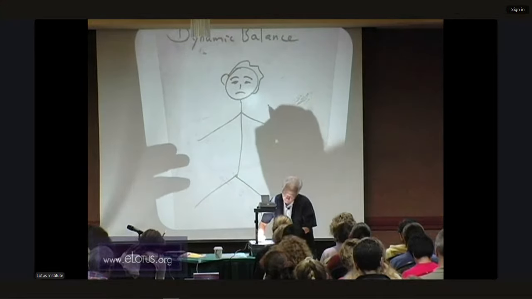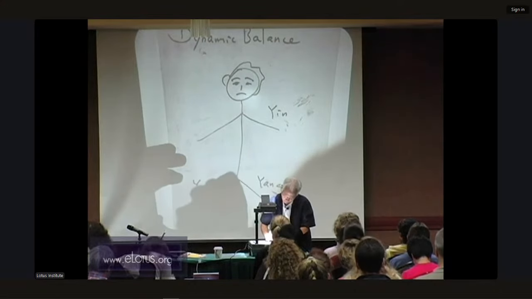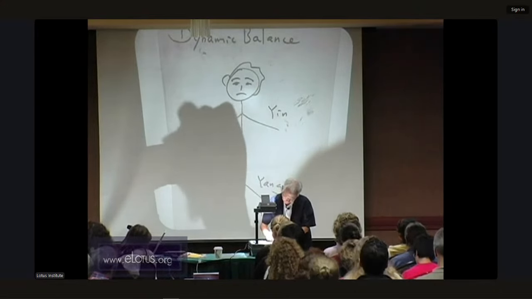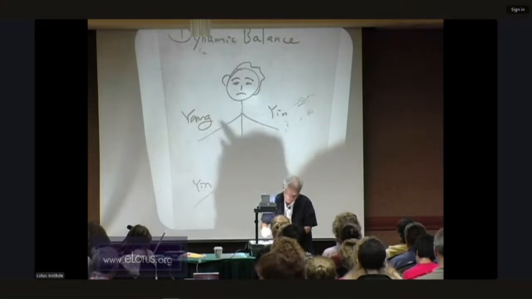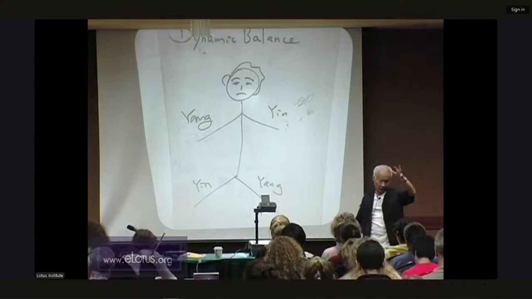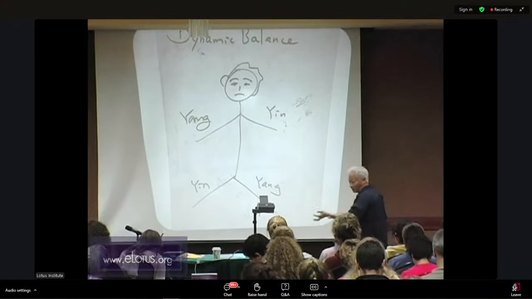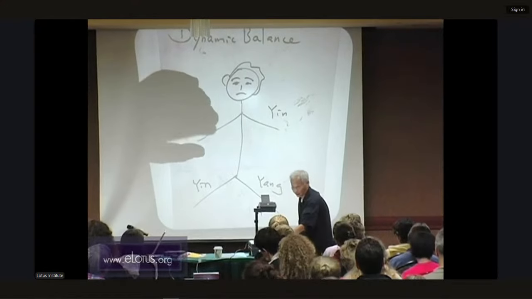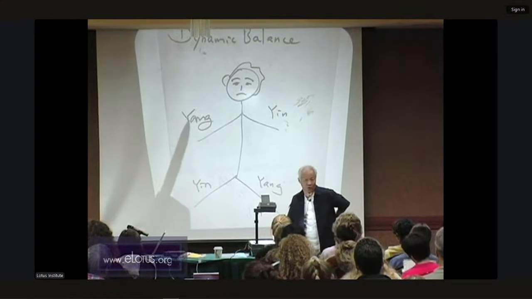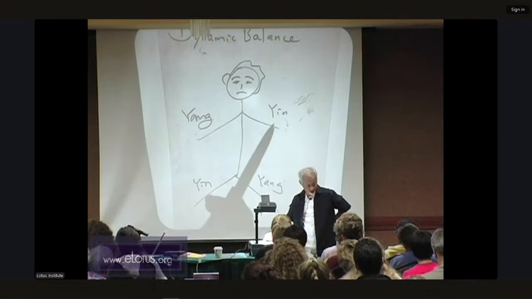Usually when we treat a patient, we like to do the yin-yang like this. In the morning before we take the break, I gave you the 8 magical points to follow the dynamic balance pattern. That means if on one side on this limb, we use all the yang channels, then we do the yin channel on the other side.